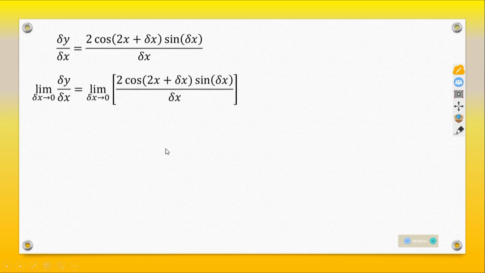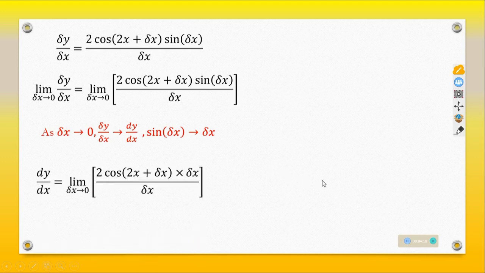Then the next procedure is to introduce what we call the limit. We shall introduce the limit as delta x tends to 0 on both sides of this equation, and we shall remain with this expression. From there, we take our assumption that if delta x is becoming smaller, delta y over delta x tends to dy dx, and sine of a small angle remains that angle.